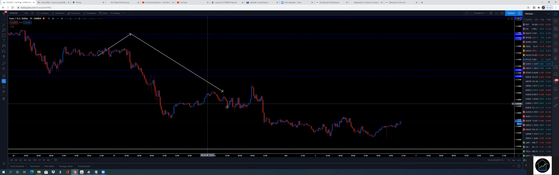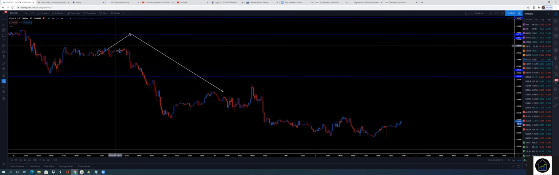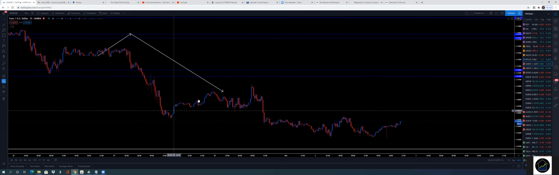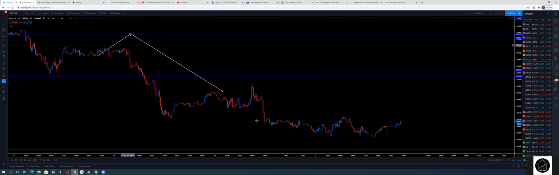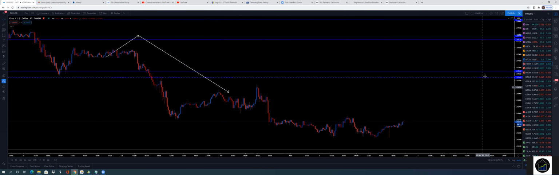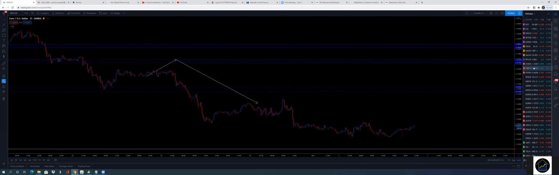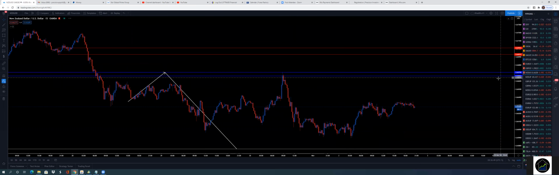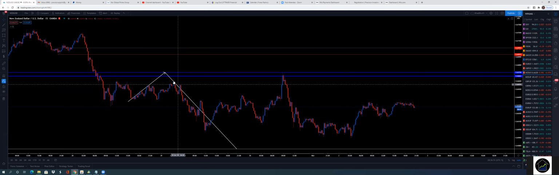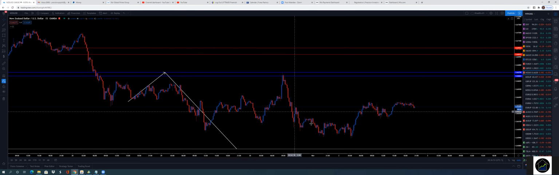As we can see, EUR/USD gave us that same move to the downside that the dollar gave us to the upside. And then GBP/USD, we can see the same thing. And then NZD/USD, we can see the same thing.